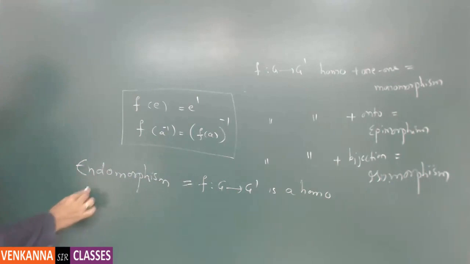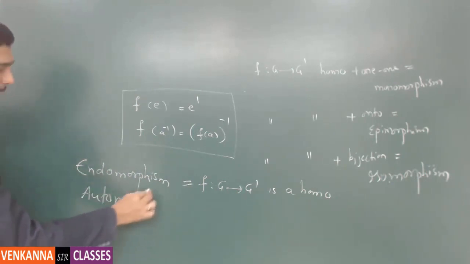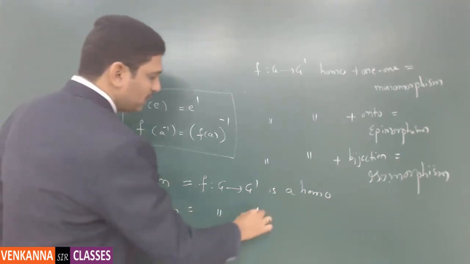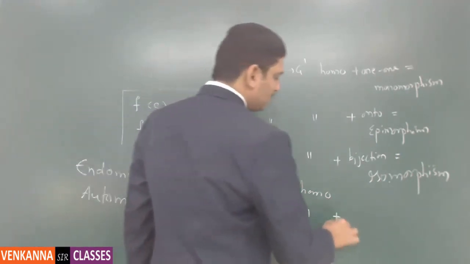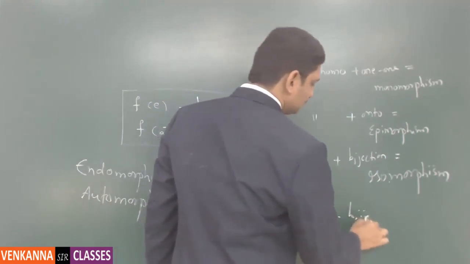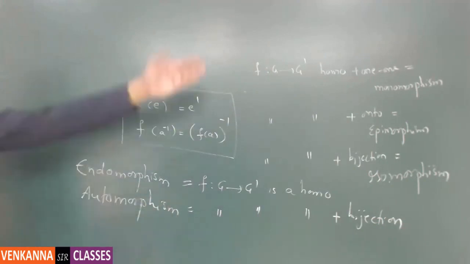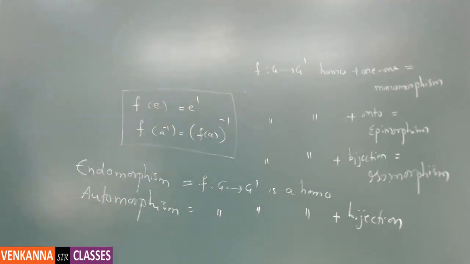There is one more definition, we call it an automorphism. It is nothing but f from G to G dash is a homomorphism and it is a bijection. Please take a note of these definitions which are important while going for the next sessions. After noting, please tell.